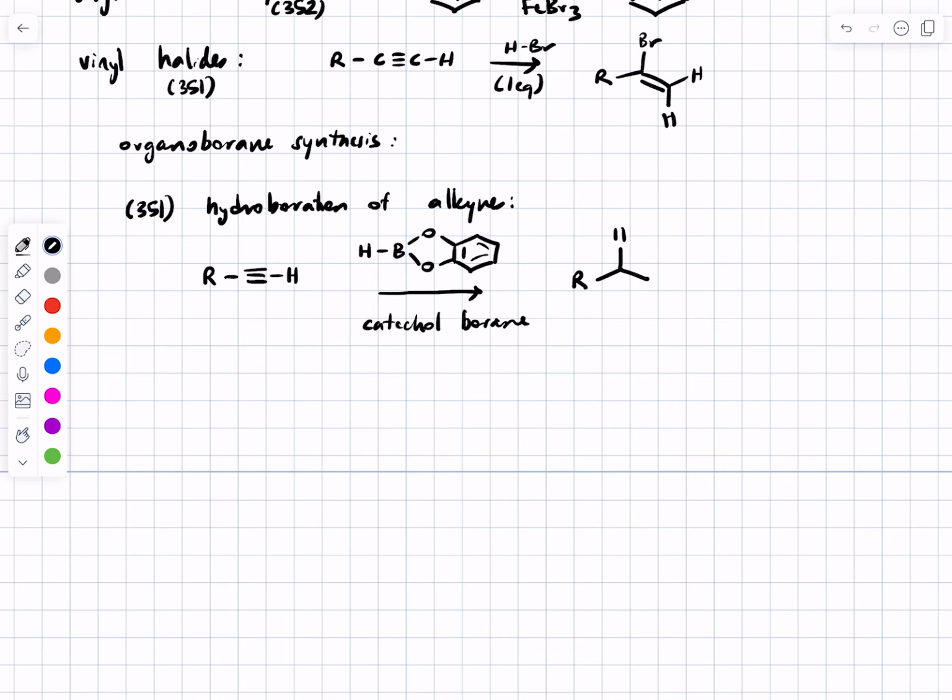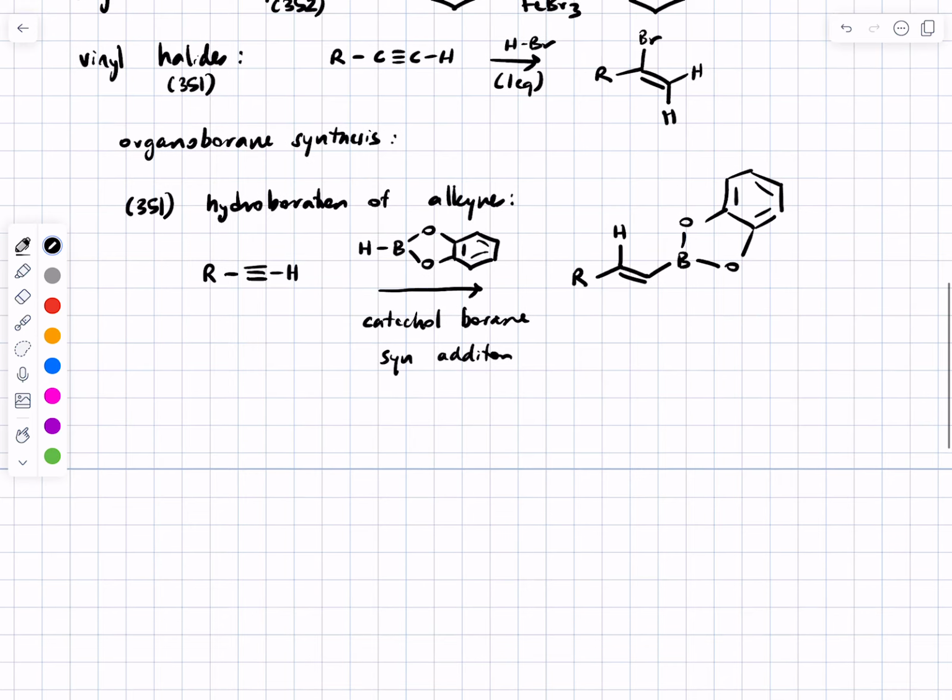The hydride gets delivered to the more substituted carbon. The boron gets delivered to the less substituted carbon. It's a syn addition of BH across the carbon-carbon pi bond, and you end up with this vinyl organoborane.